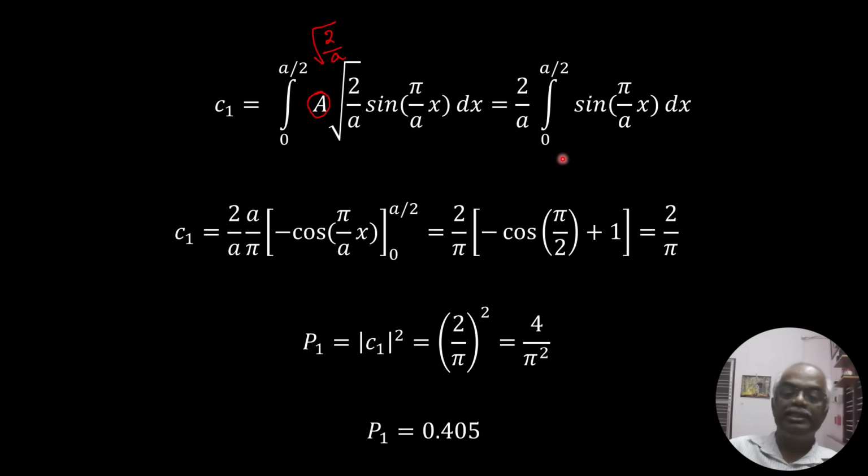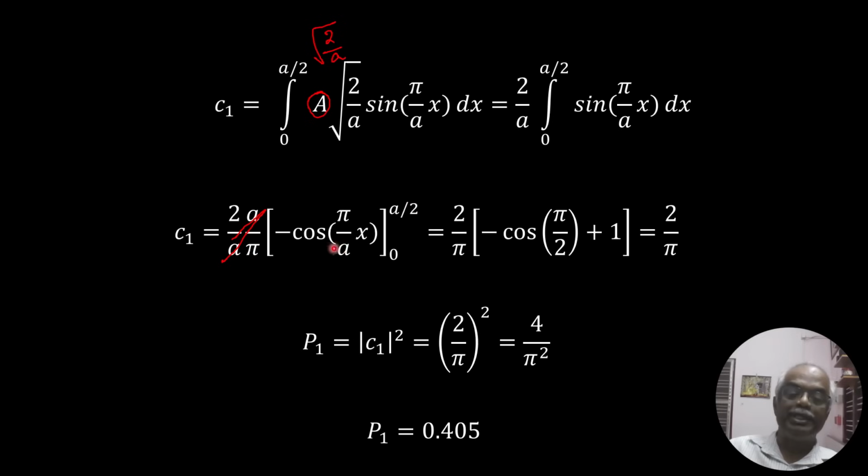Now if you integrate this, you will get minus cos pi by a x over pi by a. So this pi by a in the denominator will become a over pi. Now this a will get cancelled. Then you will get 2 over pi.